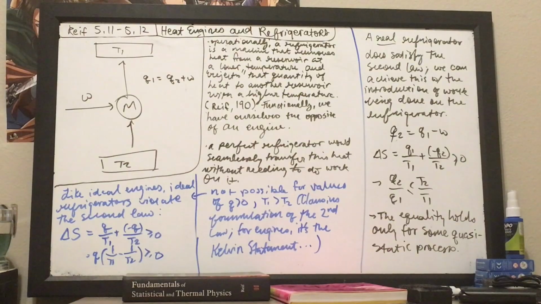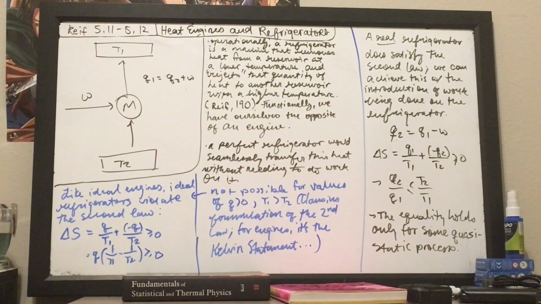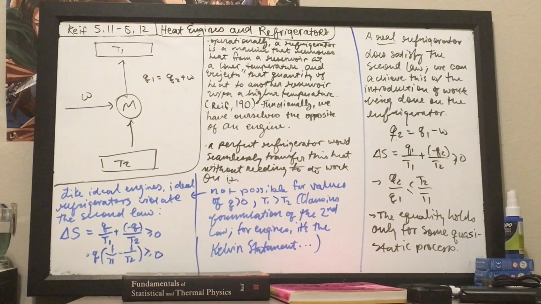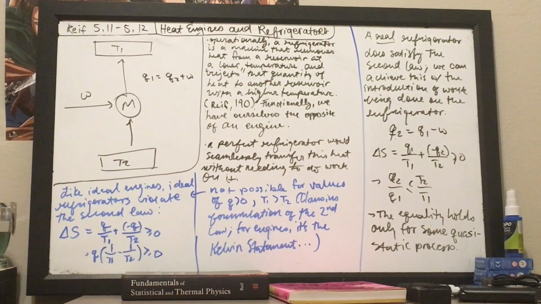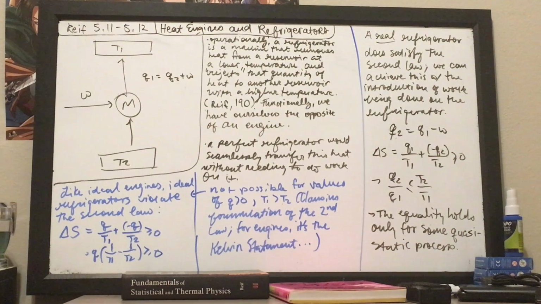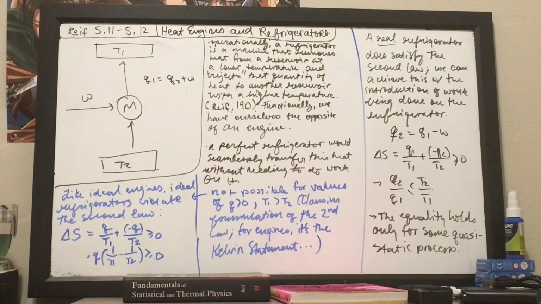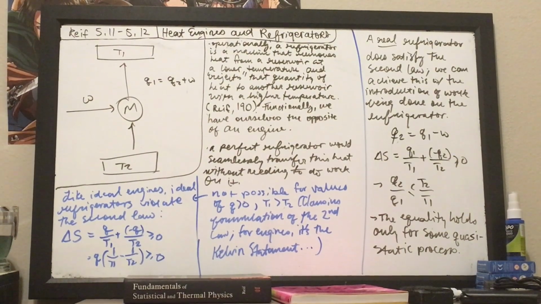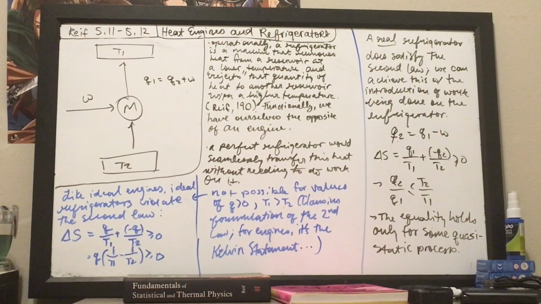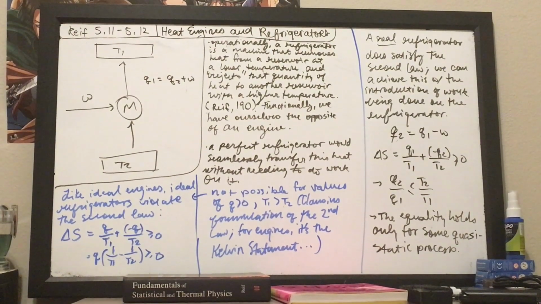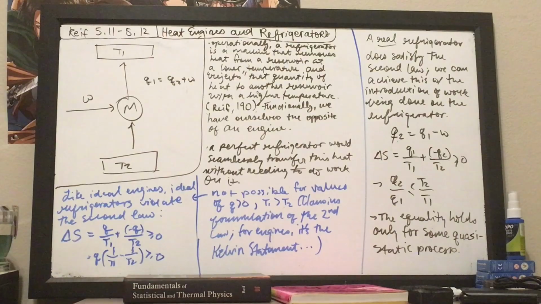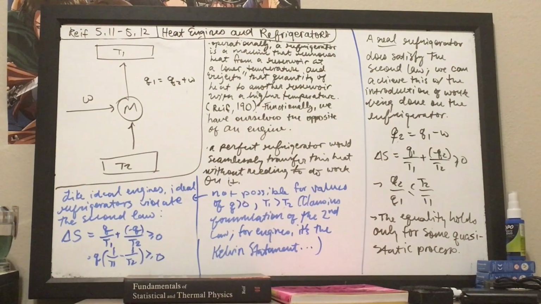We have our change in entropy is equal to the heat from the higher temperature reservoir divided by the temperature of that reservoir, minus the heat from the lower temperature reservoir divided by the temperature of that reservoir, is greater than or equal to 0. When we take a ratio of the heats to the ratio of the temperatures, we notice that the ratio of heats is always going to be less than or equal to the ratio of the temperatures of the two reservoirs.